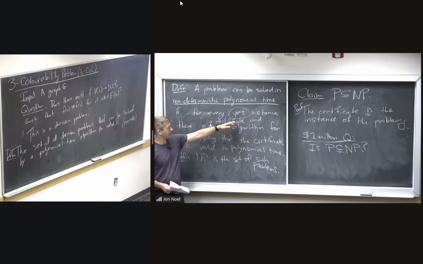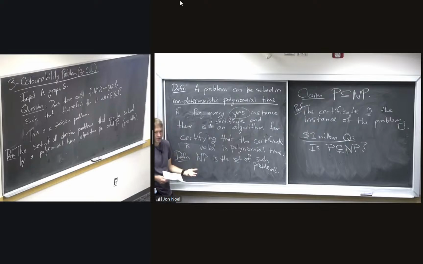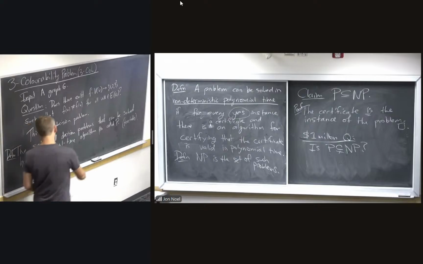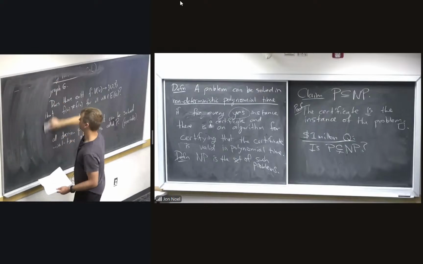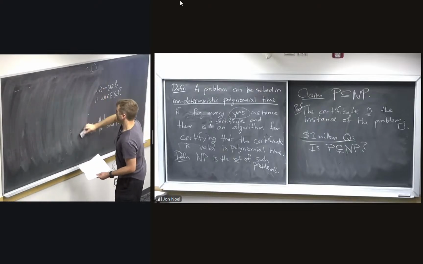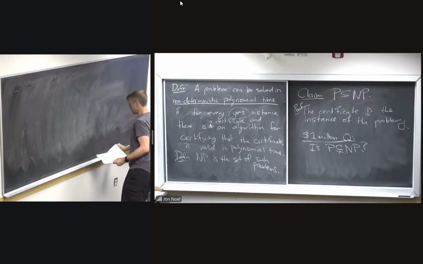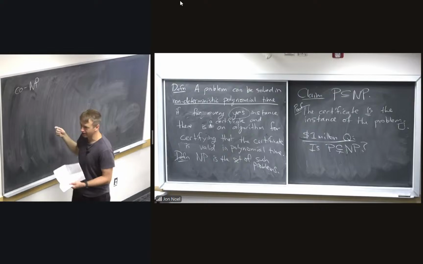Okay, remember I mentioned there's this weird asymmetry here that we're only talking about yes instances. It turns out there's another class of problems where you just talk about no instances. So co-NP is what we call this class.